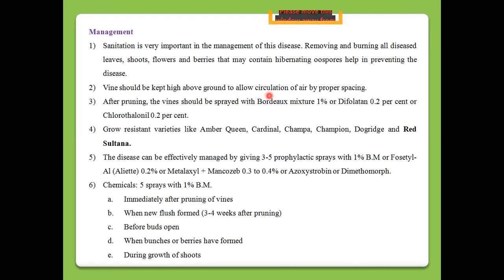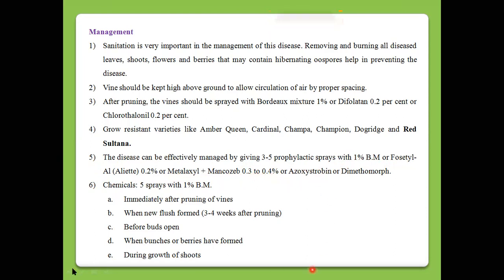Suppose this downy growth is seen on any parts of the grapevines. Immediately you can apply 1% Bordeaux mixture or phosphatyl AL, that is Aliette, at 0.2%, or metalaxyl plus mancozeb, that is Ridomil. The Ridomil fungicide is the most effective to control downy mildew disease in grapes, used at 0.2 or 0.3 to 0.4%.